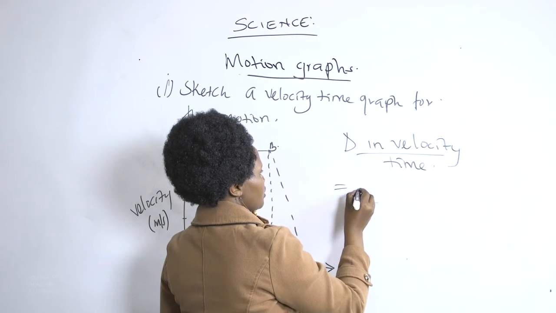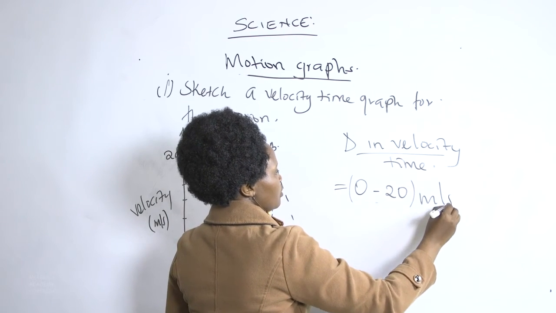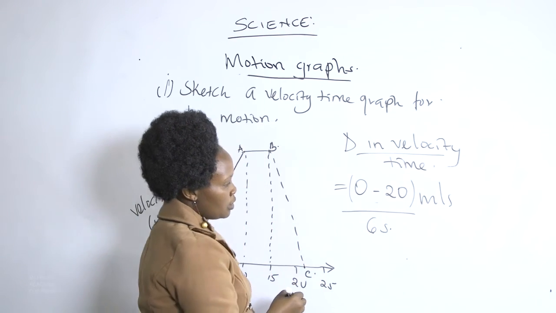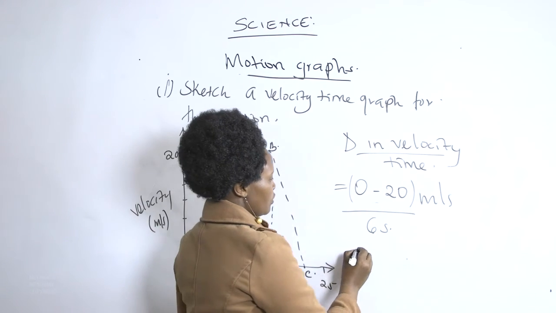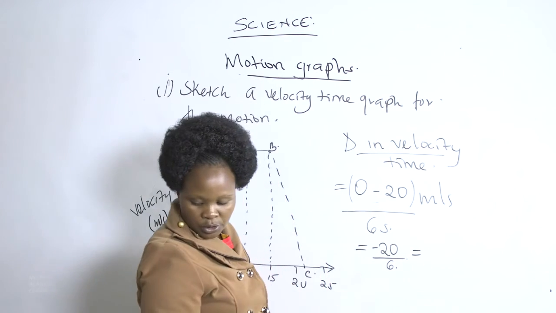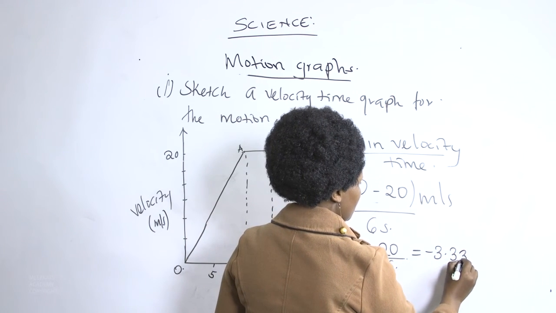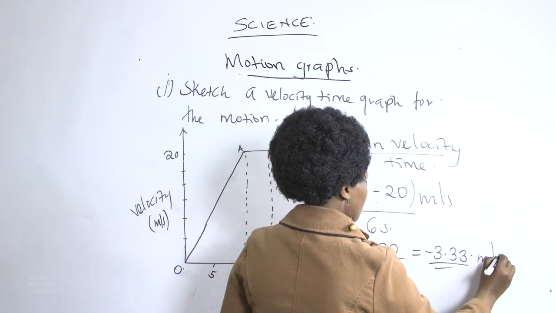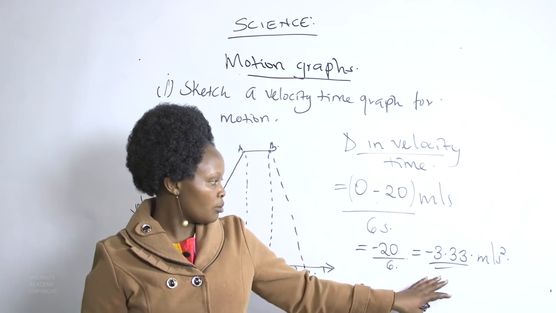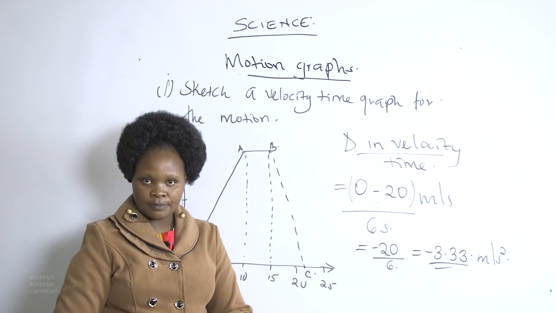This is going to give us 0 minus 20 meters per second, divided by 6 seconds, which gives us negative 3.33 meters per second squared, which means that the body is actually decelerating at that rate.